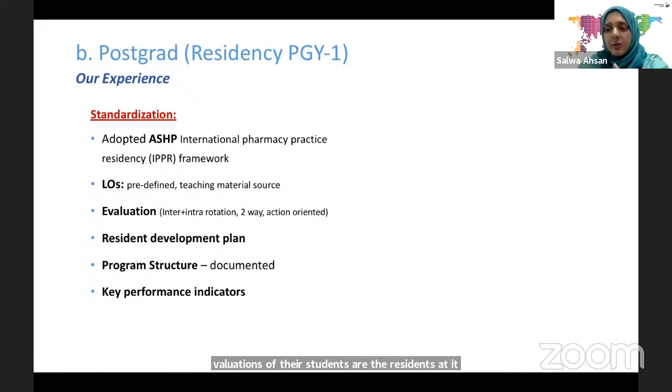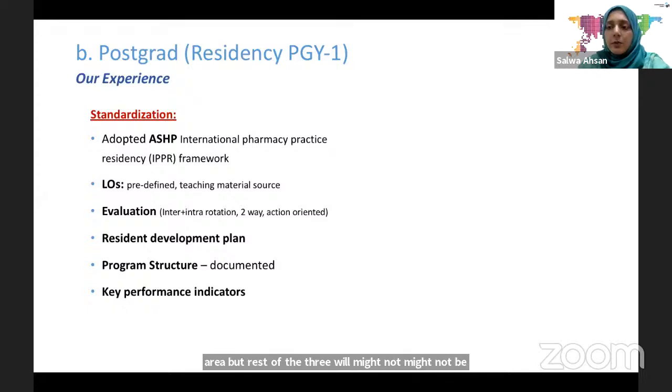And it is action oriented, because whatever feedback we are getting from the residents or the preceptors is discussed in the residency advisory committee, and the committee decides what actions can be taken in order to improve the learning experience of our residents. And then we have individualized resident development plans. For example, with 5 residents, 2 of them would be good in one area, but the rest of the 3 might not be that good.